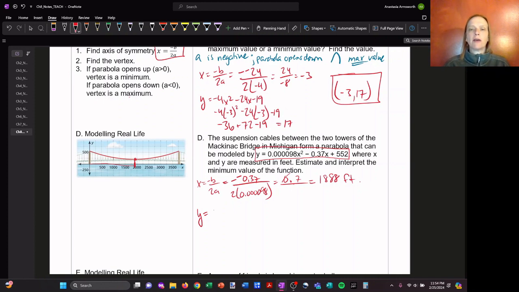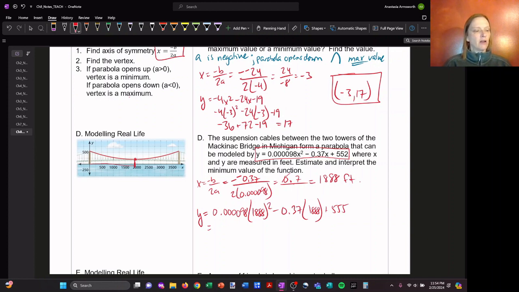So I plug that value into the original equation: 0.000098 times 1,888 squared minus 0.37 times 1,888 plus 552.